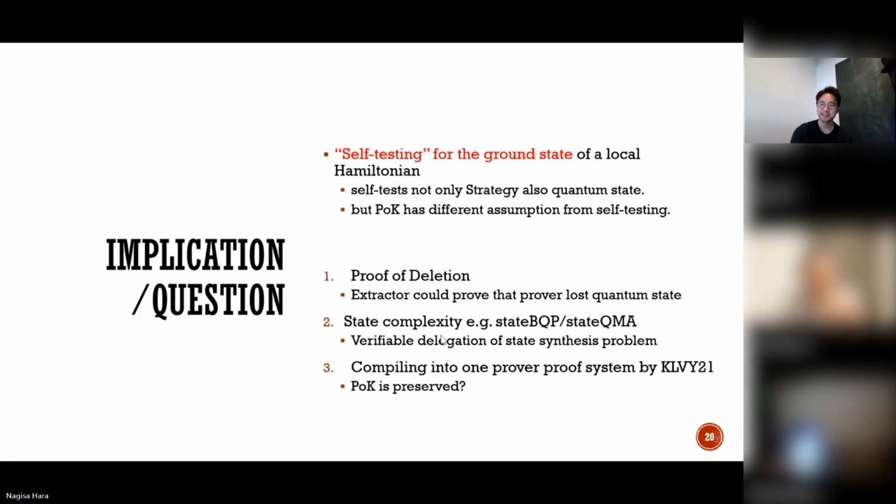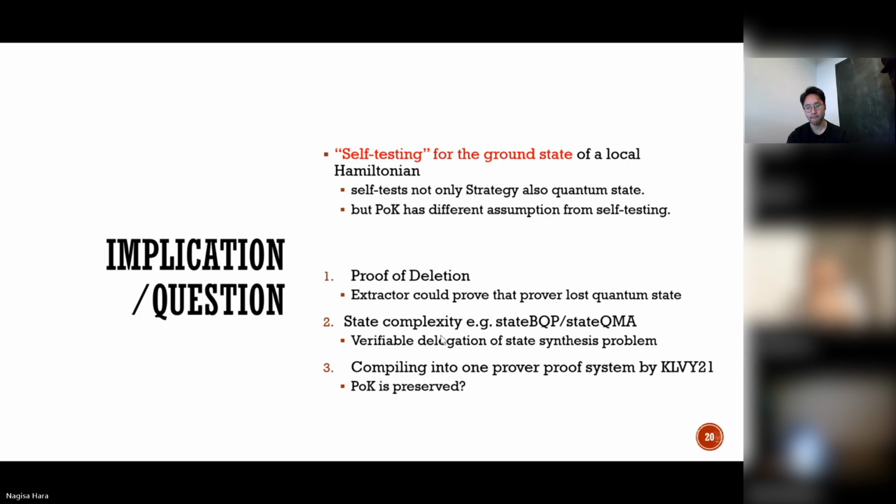Actually, other researchers did the compiler using Alex Grilo's protocol, and when I looked at the paper, I had an intuition that it's easy to show that proof of knowledge is preserved. Oh, that's true, because they are using that specific protocol. Because you only need a bipartite game, and for bipartite games of this nature, I think they have it. Right, got it.